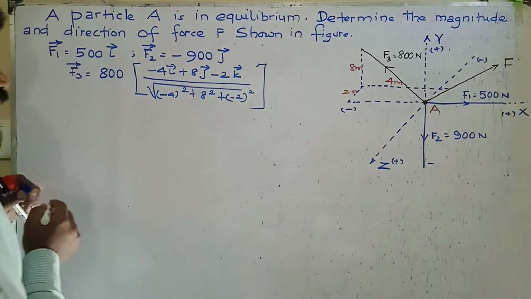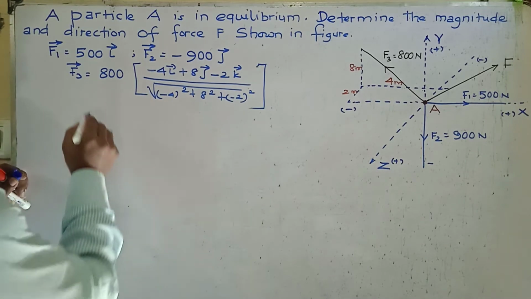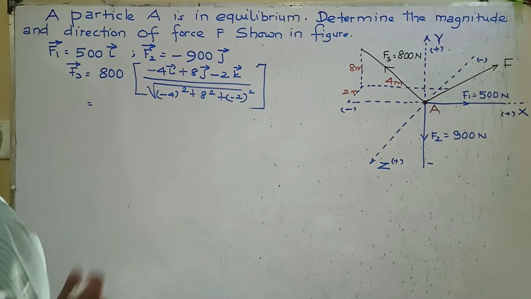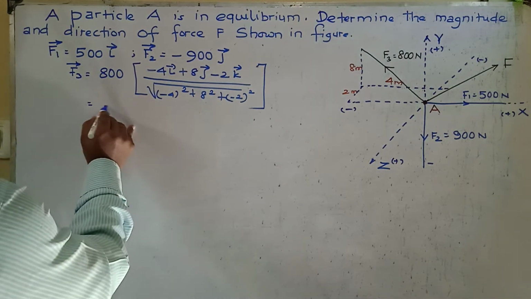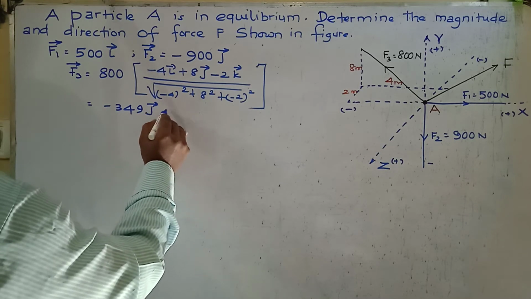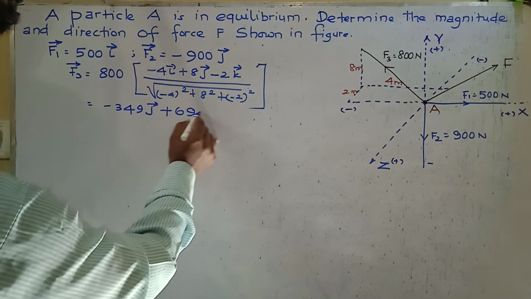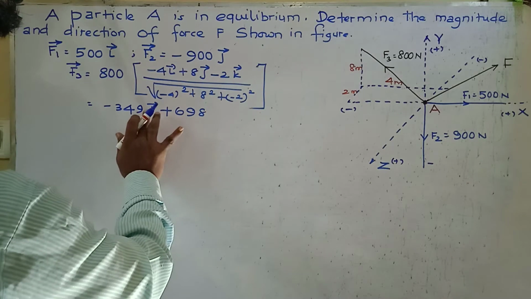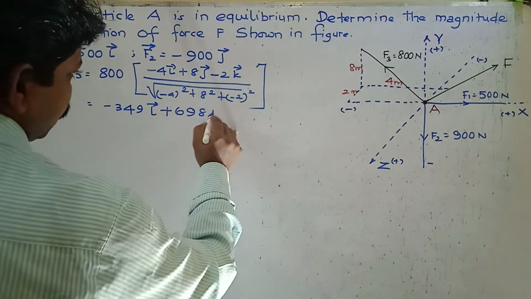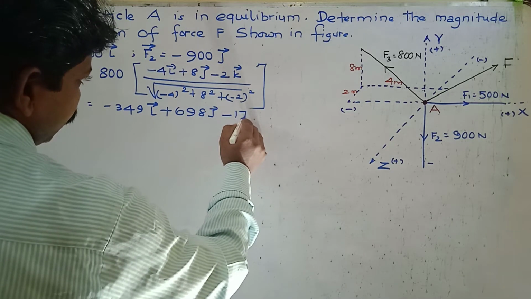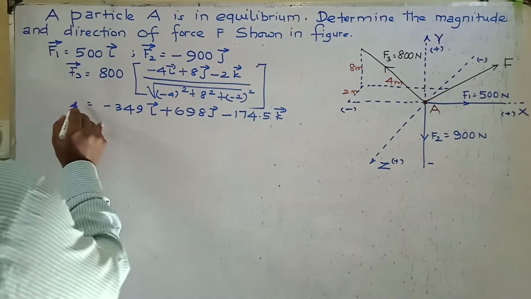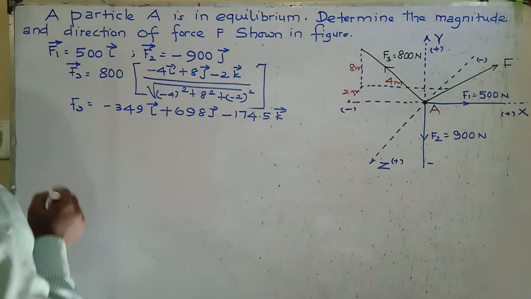So by using a scientific calculator we find the F3 vector: F3 vector equals 349 i vector plus 698 j vector minus 174.5 k vector.